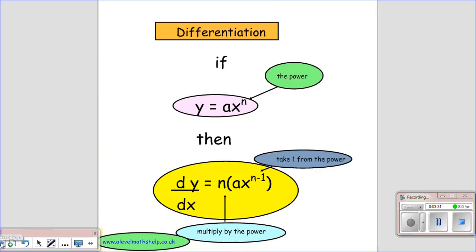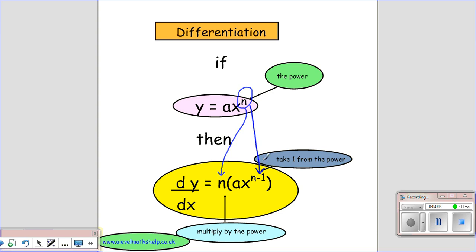Okay, so let's just look at it more formally. So this is what we say more formally. If y is a function of x, that means we've got here y is some number times x to a power, and when we differentiate, we take the power and we multiply by the power, and then we take 1 from the power.